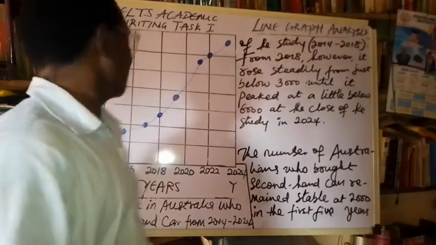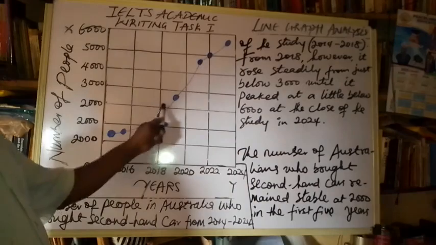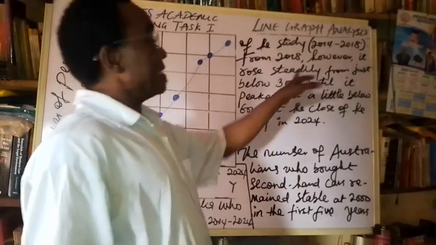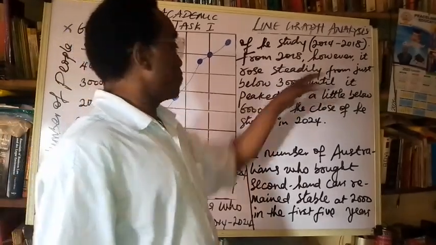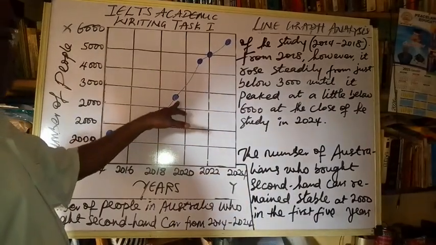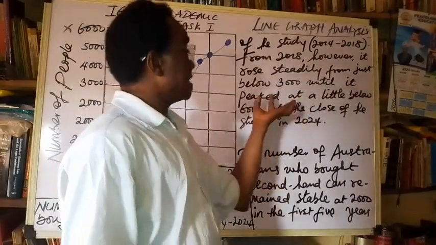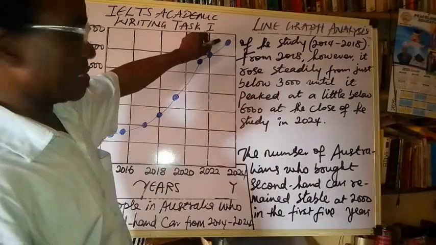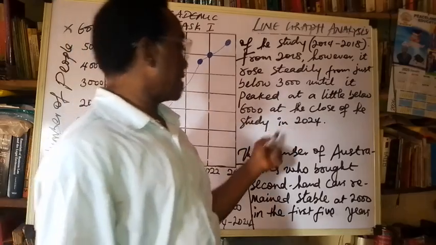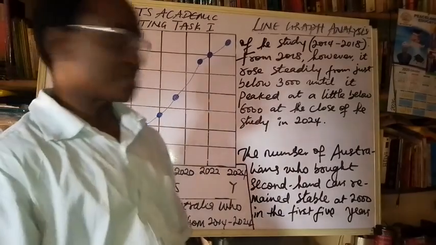From 2018, however, it rose steadily from just below 3,000 until it peaked. This is the peaking, the highest point, until it peaked at a little below 6,000 at the close of the study in 2024.